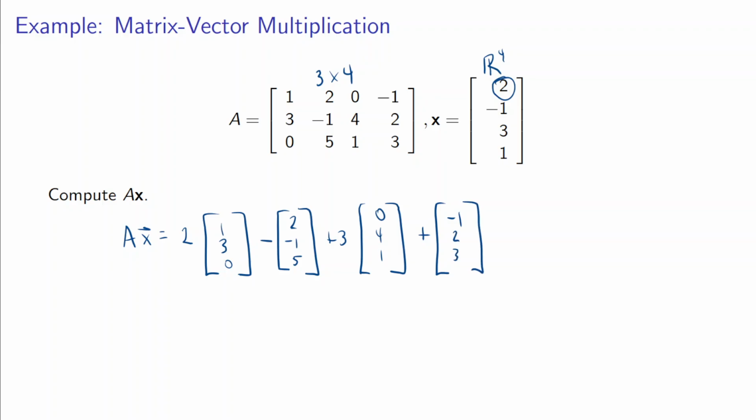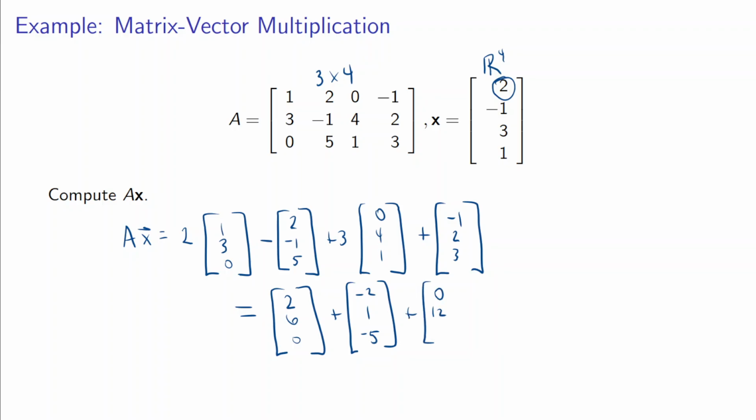And so now we can put all this together, and we'll do this in a couple of steps. First, let's multiply each vector. So we get 2, 6, 0, and then plus, I'll just put that minus in there, -2, 1, -5, and then plus 0, 12, 3, and then finally plus our -1, 2, 3.